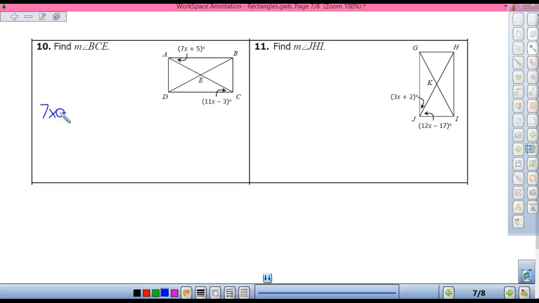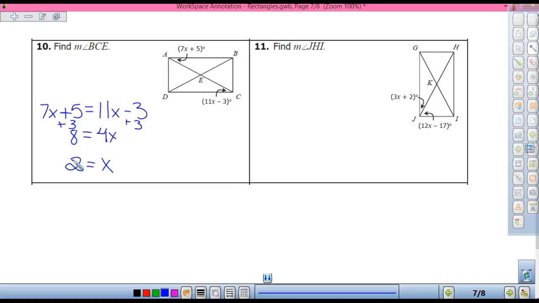Alternate interior, so 7x plus 5 equals 7x minus 3. What do we get? 4x equals 8. So x is 2.